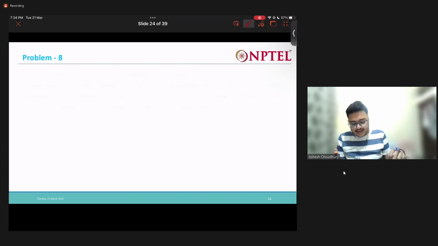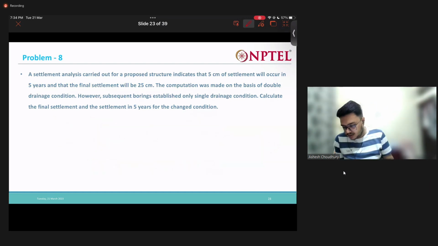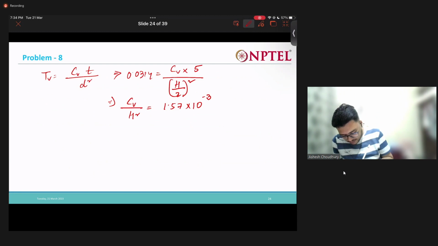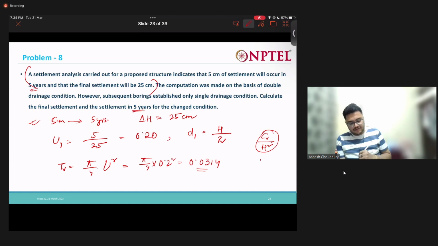Now for the second case, the whole computation was based on double drainage condition, but my actual condition is single drainage. Time is again 5 years. How much settlement will there be in 5 years?